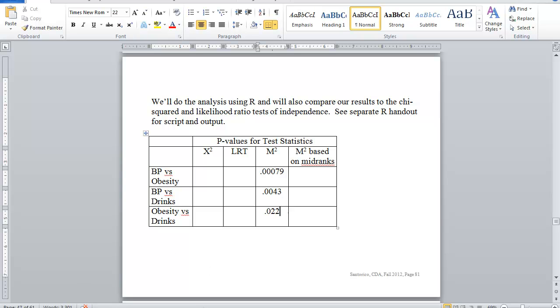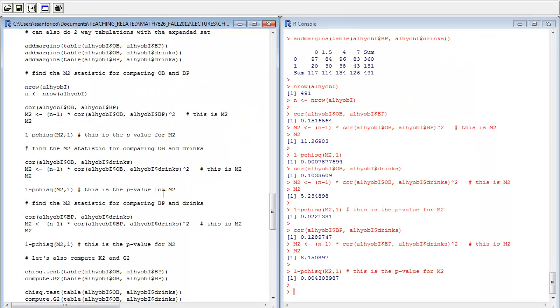So blood pressure versus obesity, yep, there's my 0.0079. And then obesity versus drinks, yes, so that was my 0.022. And then I have blood pressure versus drinks, which is my 0.0043, right? So those are my M squared statistics, p-values.